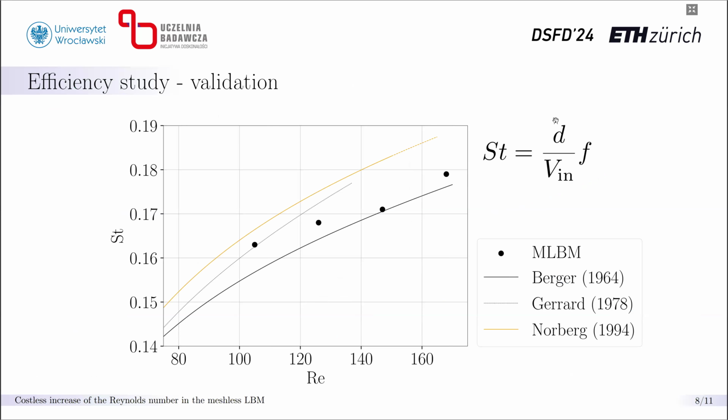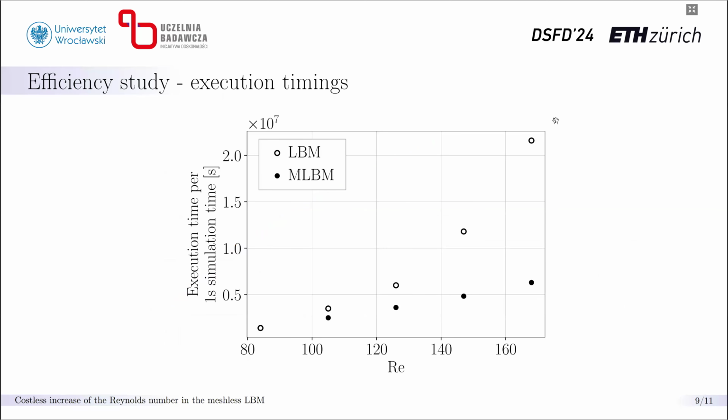So as a validation of this test, we considered Reynolds number dependence of the Strouhal number, which is non-dimensionalized vortex shedding frequency. And you can see that the meshless LBM results, dark dots, fall within the ranges reported by experimental studies previously.